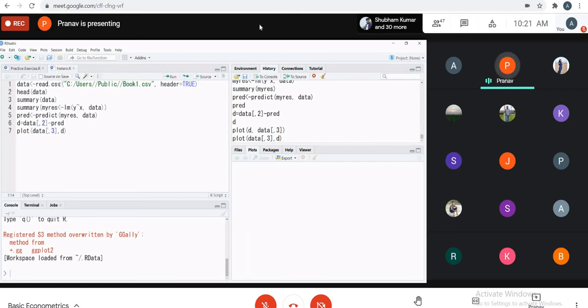So you see, when you use this command, read.csv, you see the syntax. Can you all see this yellow line that comes? Yes sir. Okay, so let's first explain this syntax, then you can do it yourself. So after read.csv, it asks for the file, that is the path of the file.